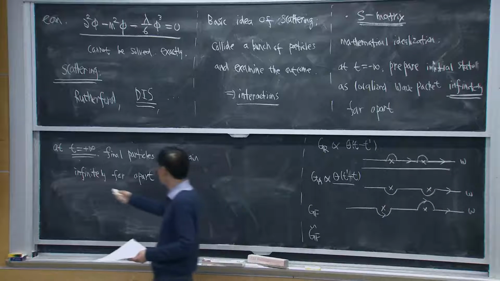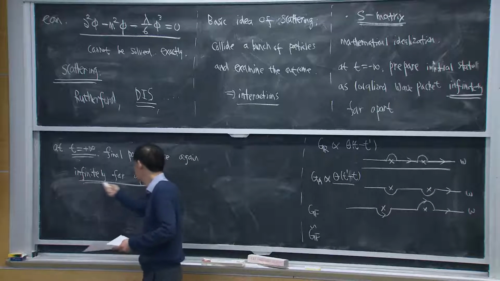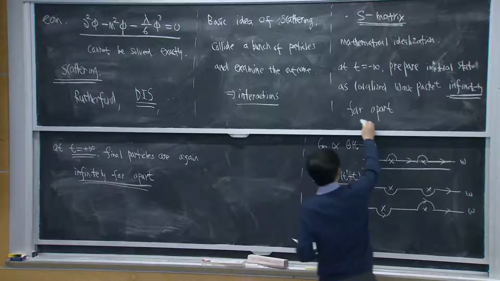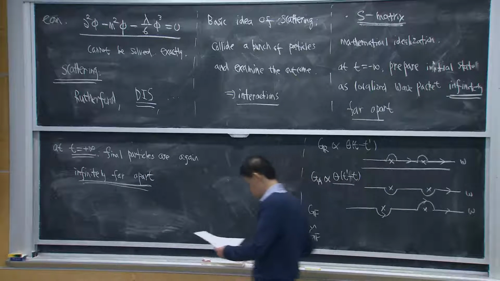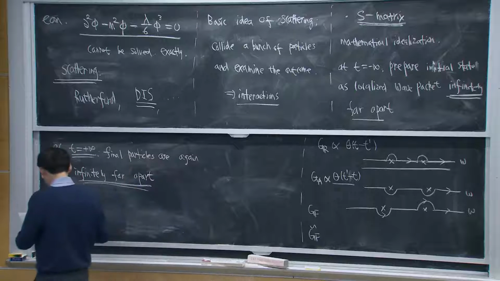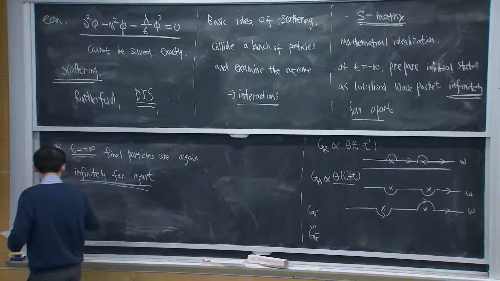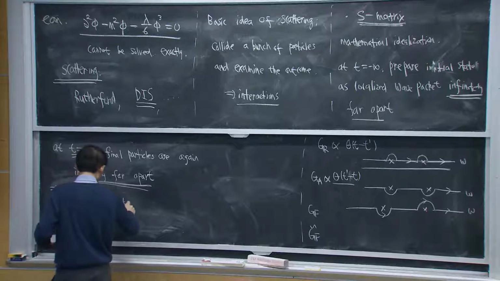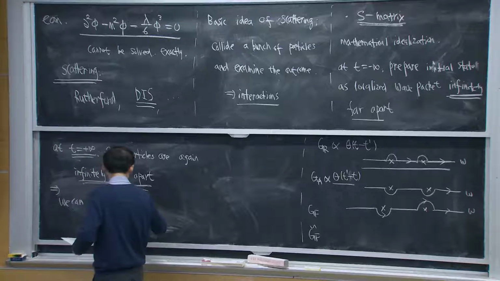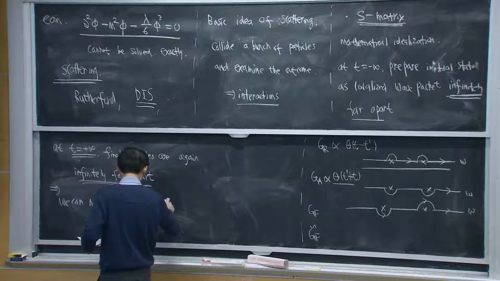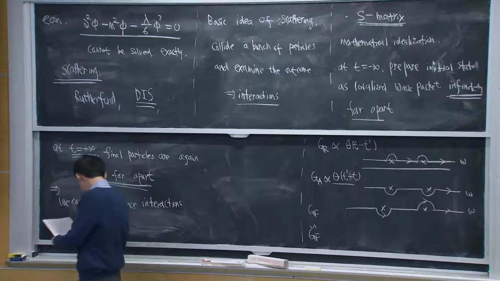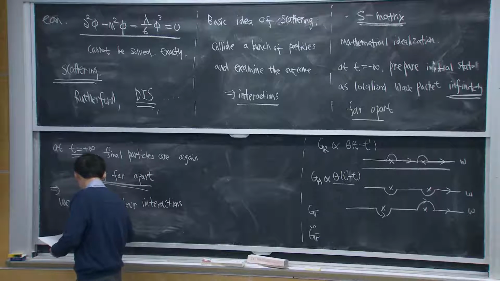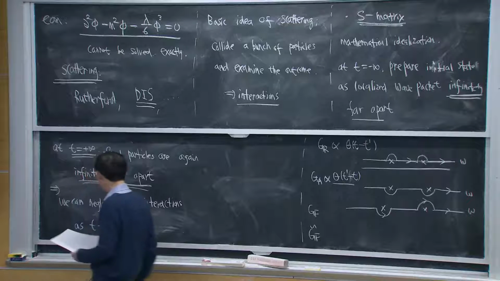So these far-apart conditions are very important, because this means we can neglect the interactions as t goes to plus minus infinity.